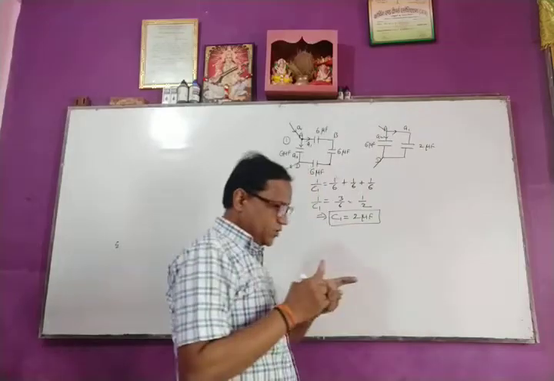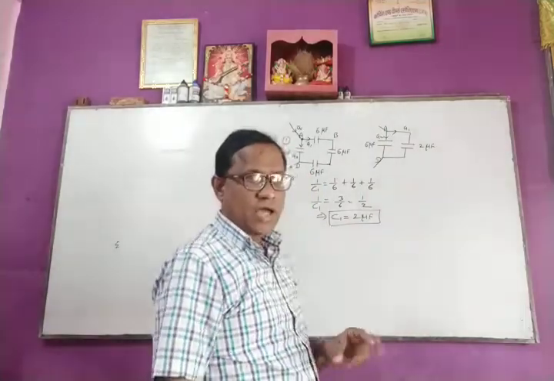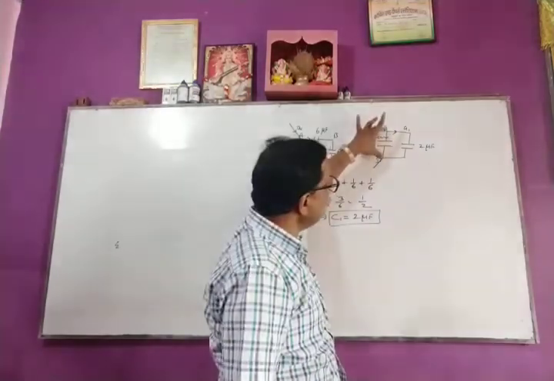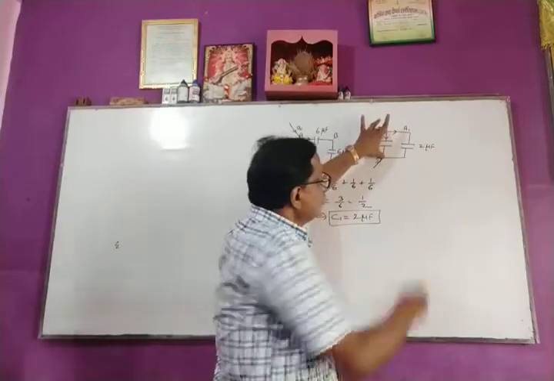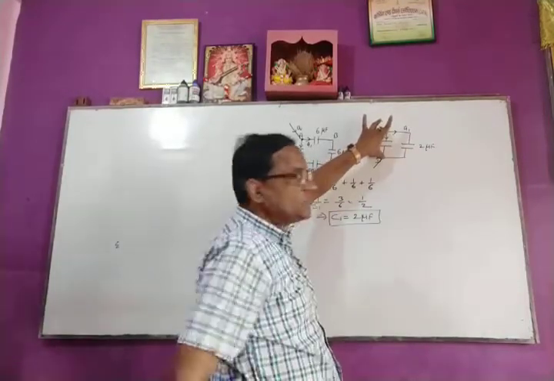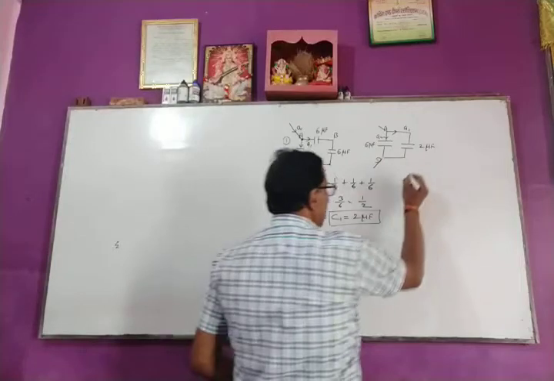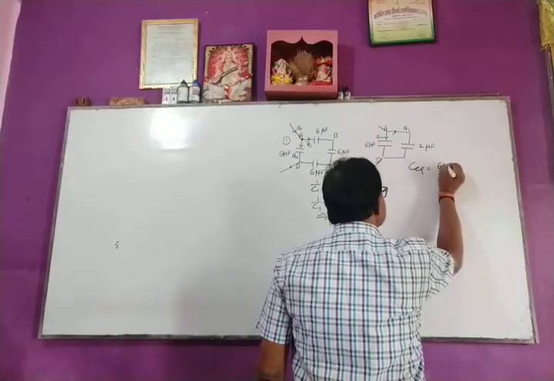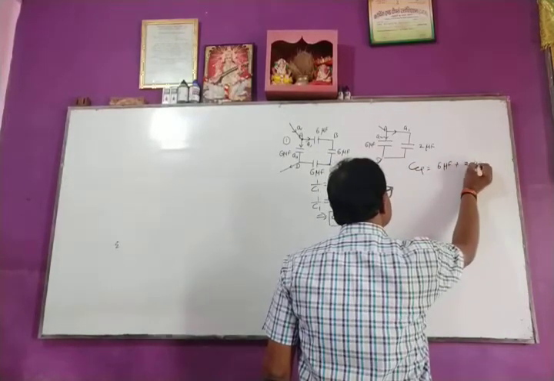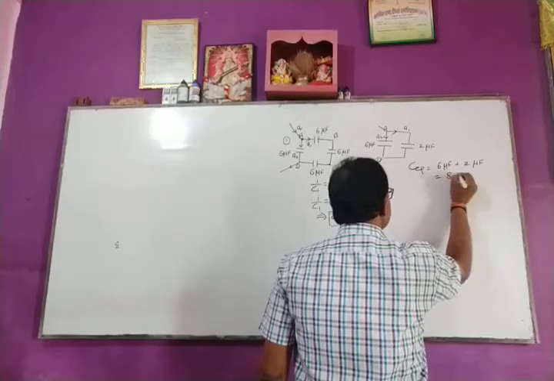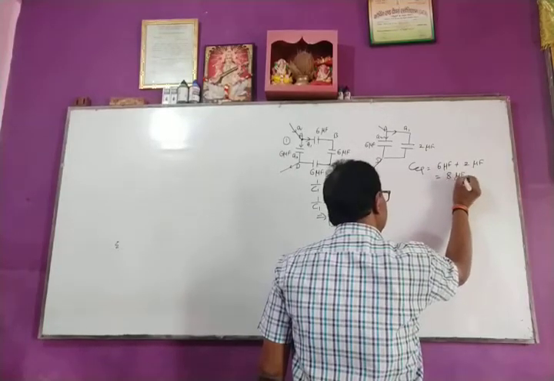Keep the finger at these 2 points. So both are in parallel. So C value is equal to 6 microfarad plus 2 microfarad is equal to 8 microfarad.